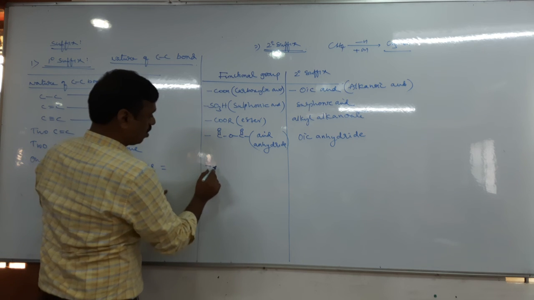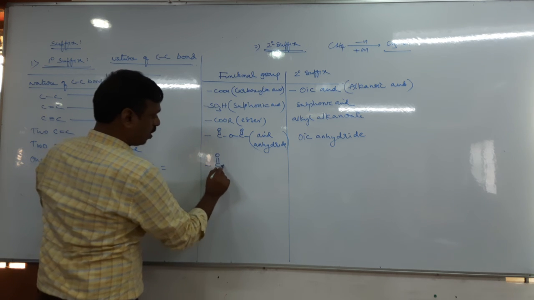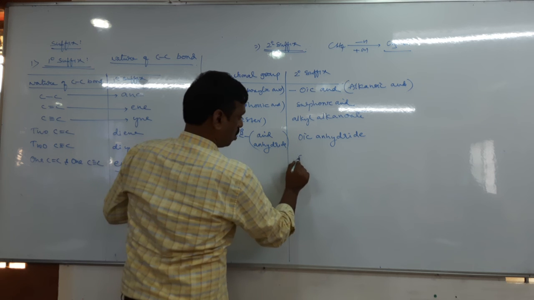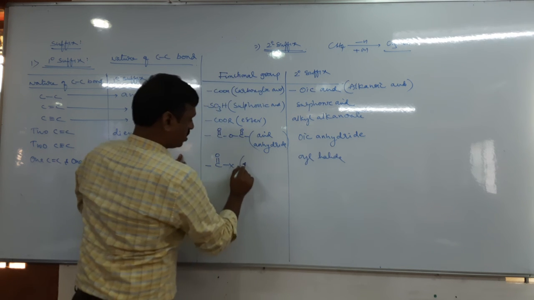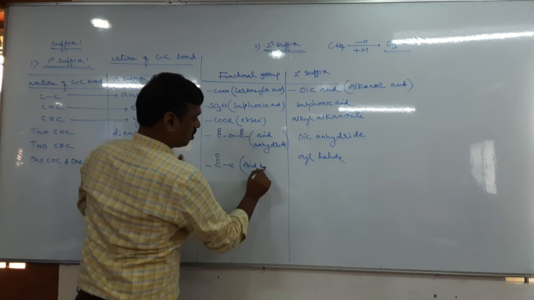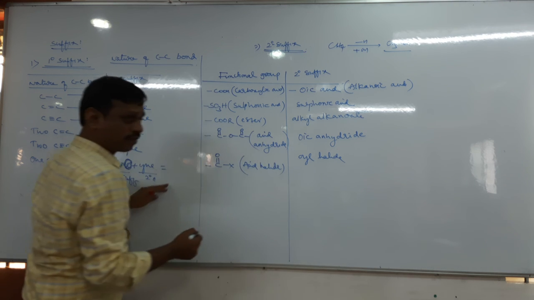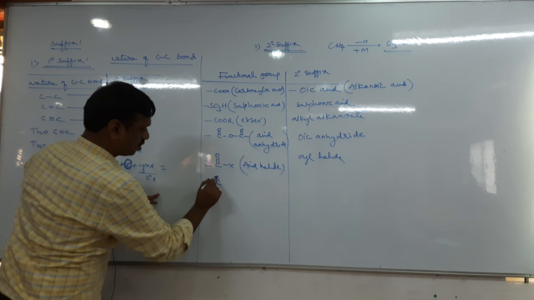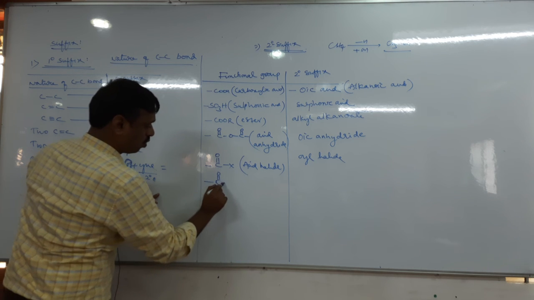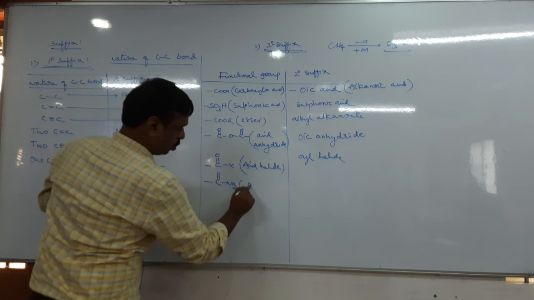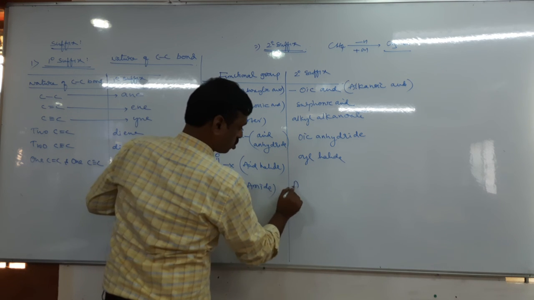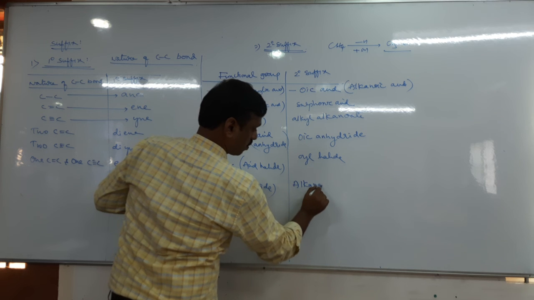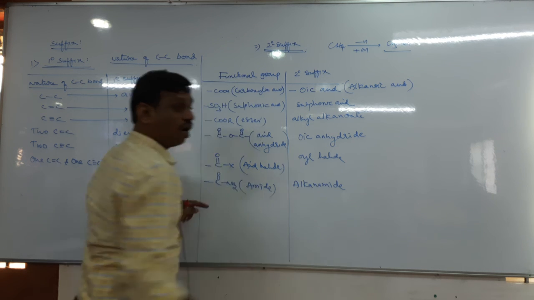Next, C double bond O X is acid halide. Next, C double bond O NH2 is amide, called alkanamide.